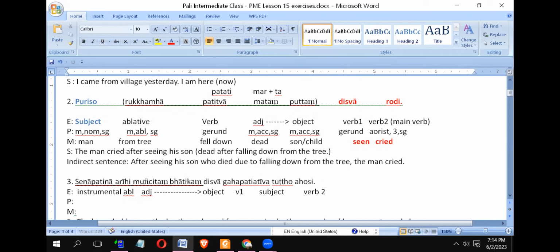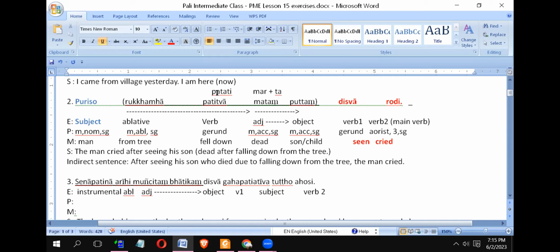So if you can do like this, it is also easier. You can just draw an arrow here, so you understand that this all links to the Matam, and Matam links to the Putam. So it's clear here. The main action is only Puriso, Diswa, Rodi. Then this Matam is a past participle. It's nothing to do with the Puriso.